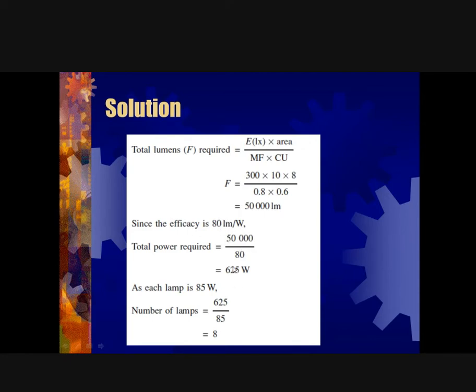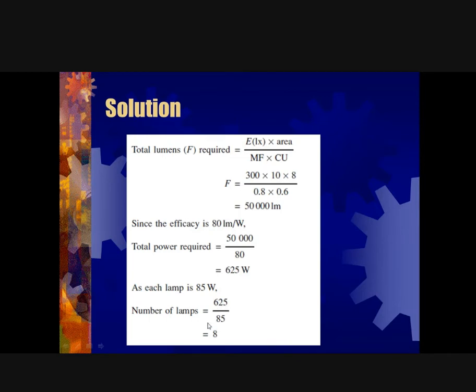So for the entire facility, we need 625 watts. Now, each lamp is 85 watts, so it's a matter of dividing 625 by 85 and we get 8.